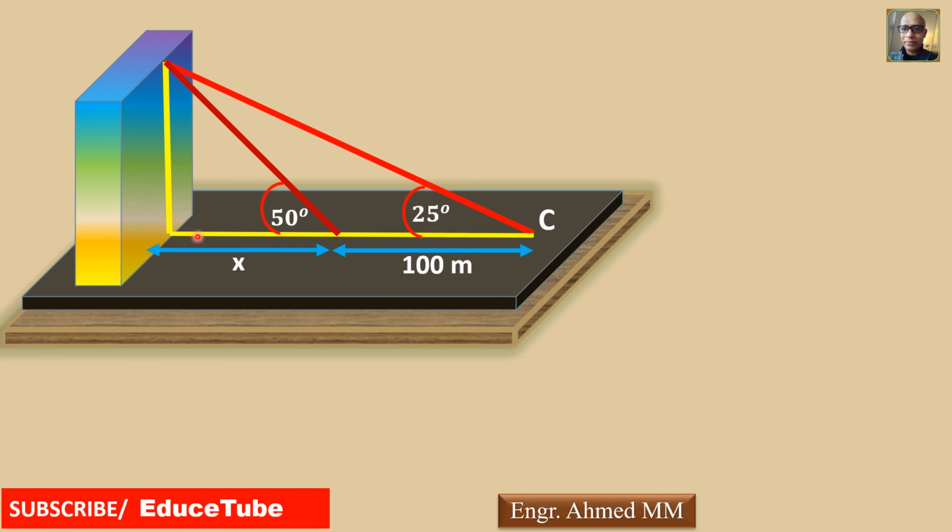As well, this angle is 90 degrees, so it is a right angle triangle. If we name the vertices ABD, and the height of this building is h, then we have all the dimensions and angles to find the height of the building.